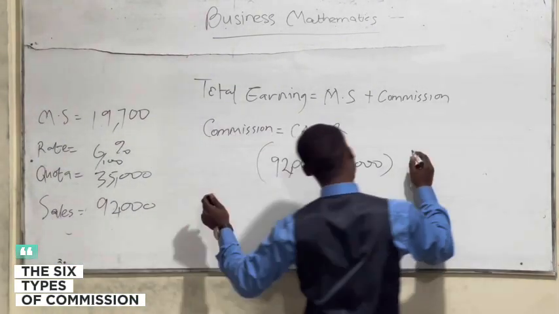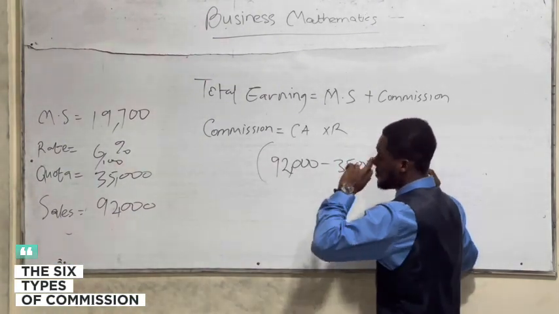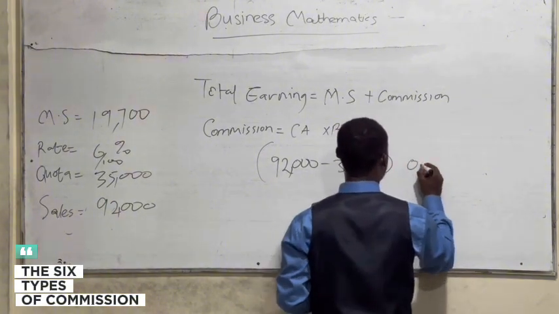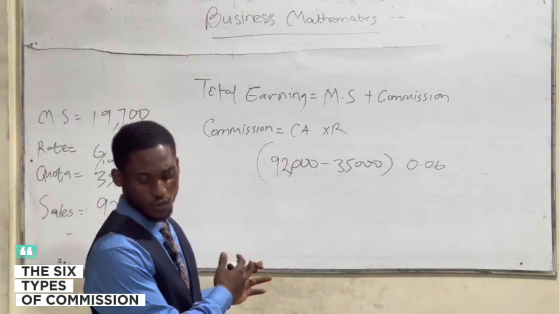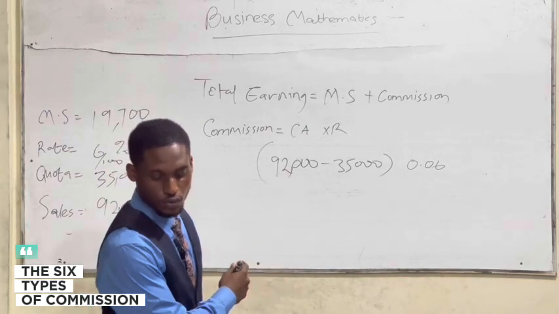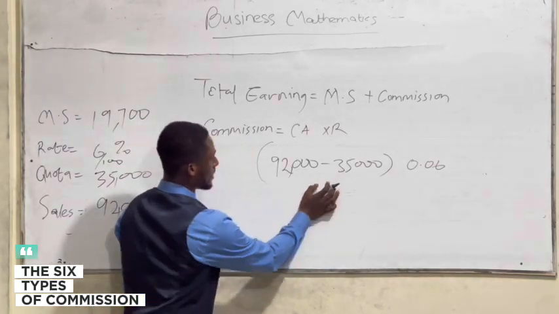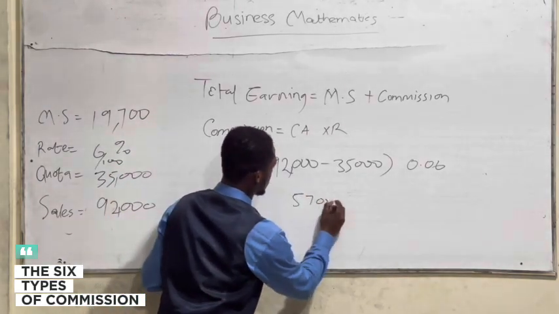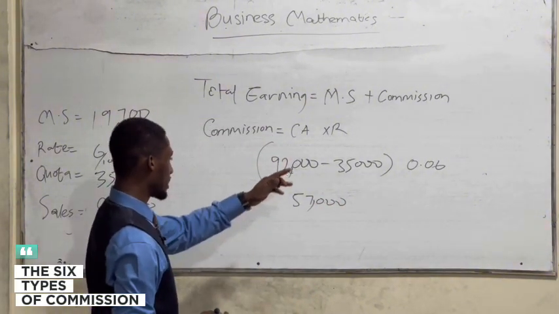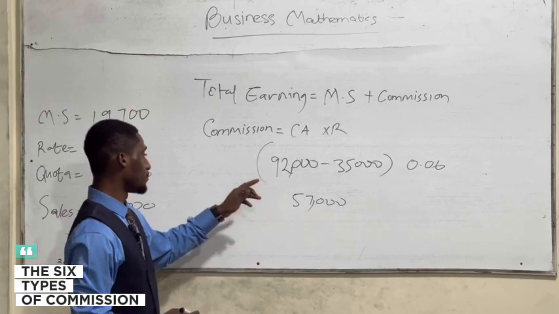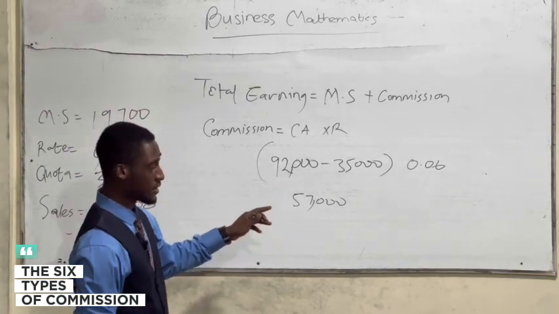So when you divide 6% by 100, this is how it should look. When you subtract 35,000 from 92,000, you get 57,000.